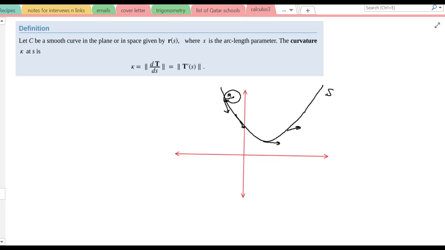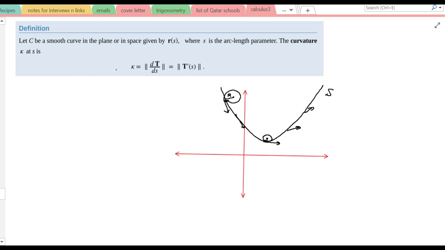How much this tangent changes over the arc length of the curve is the curvature, and it will differ. Where the curve turns very sharply, the radius of the osculating circle will be smaller, and where it is flatter, there will be a greater radius. So we have to find the curvature.